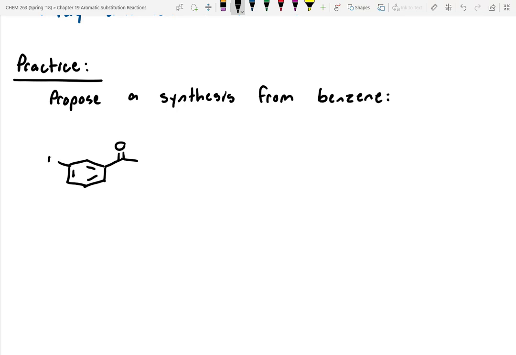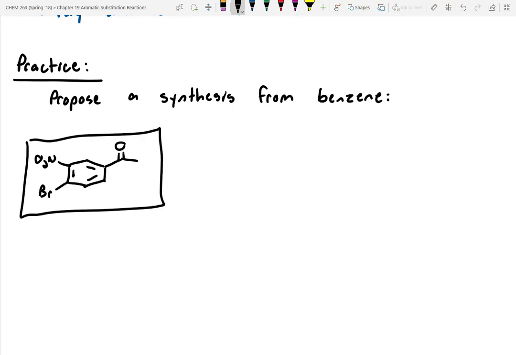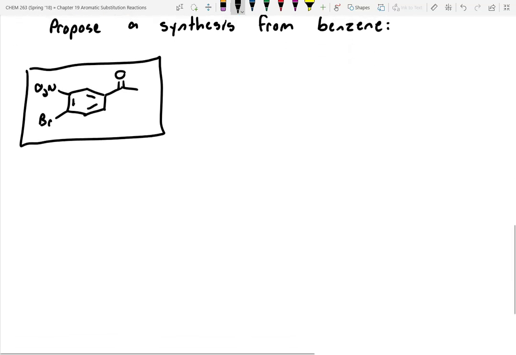It's got a nitro group over here. And it's got a bromine over here. So let's try to figure out a way to make this starting from benzene. And like I've said all year long, working backwards is your best route. And try to see all the different routes and try to rule out the ones you don't think are likely to work. So I'll give you guys a minute to work on this, but try to work backwards.